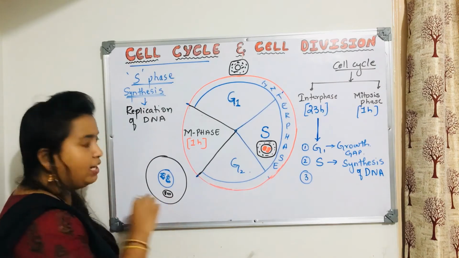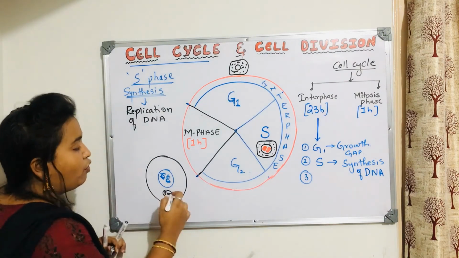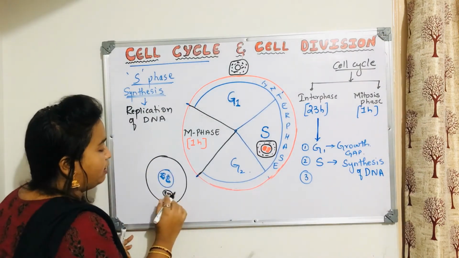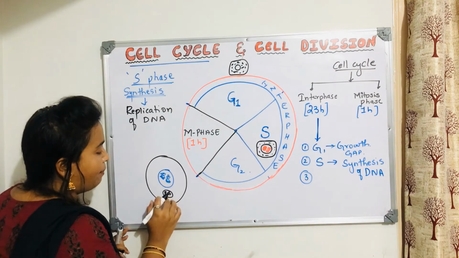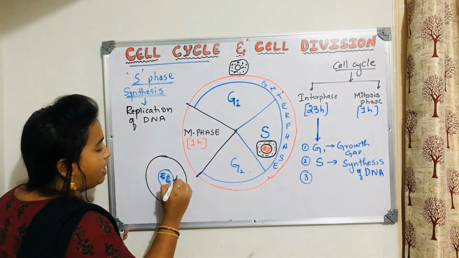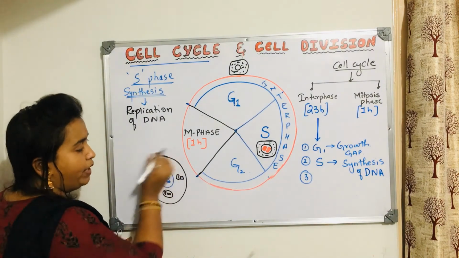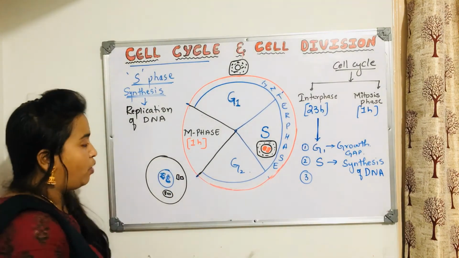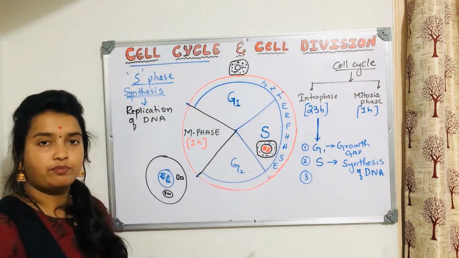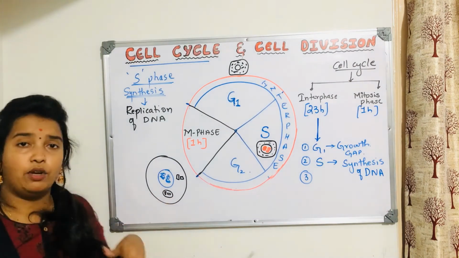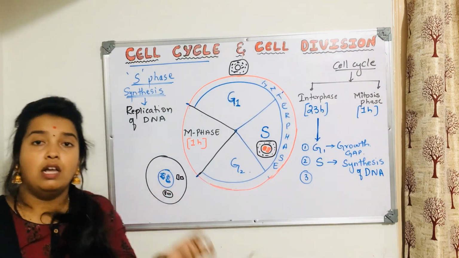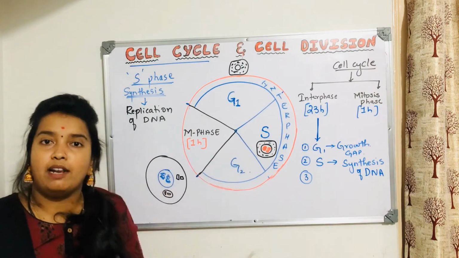The centrosome will divide into two and form another centriole pair. Another pair of centrioles will start moving to the other pole. Why are centrioles producing another pair? Because they are needed to form spindle fibers.